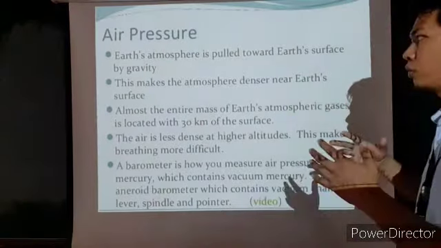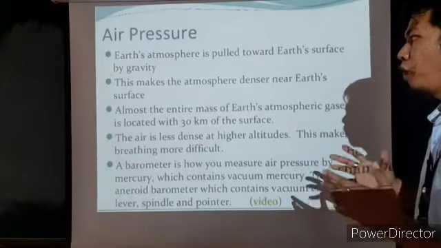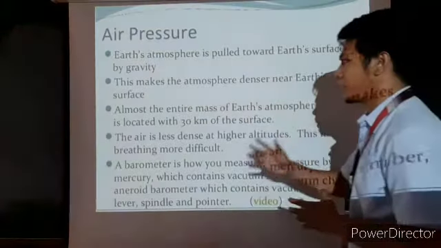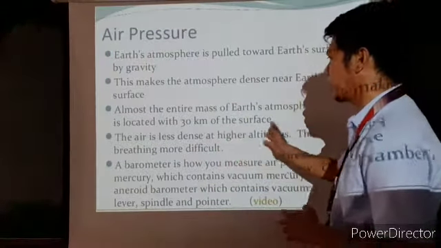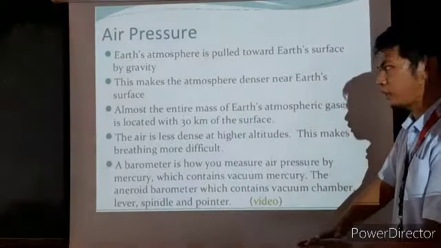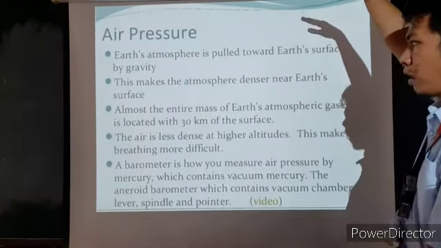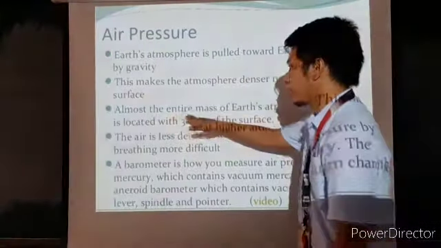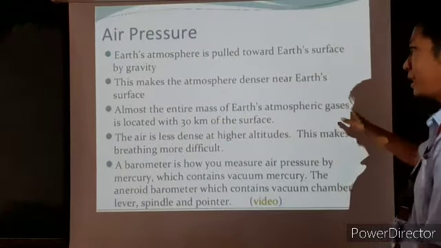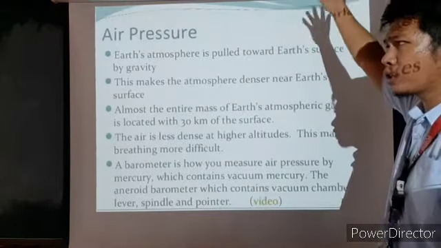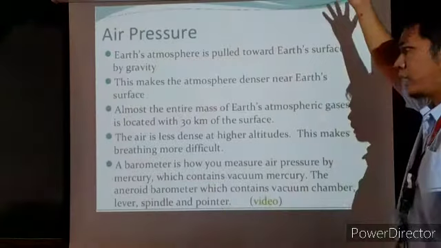That is because of the gravity. Almost the entire mass of the Earth's atmospheric gases is located within 30 kilometers of the surface. So from Earth's surface, 30 kilometers above, almost the entire mass of Earth's atmospheric gases is located. So makikita natin yung mga like nitrogen, oxygen, and other gases.